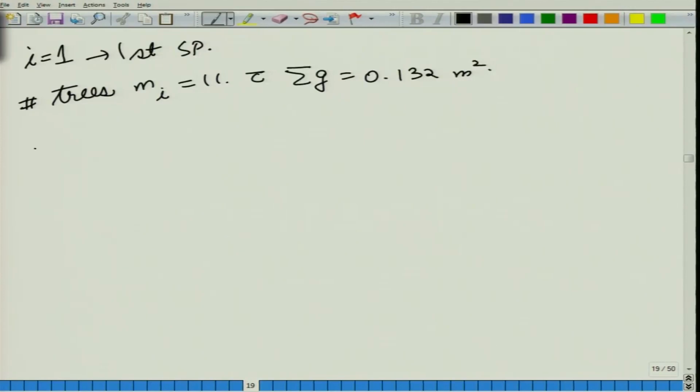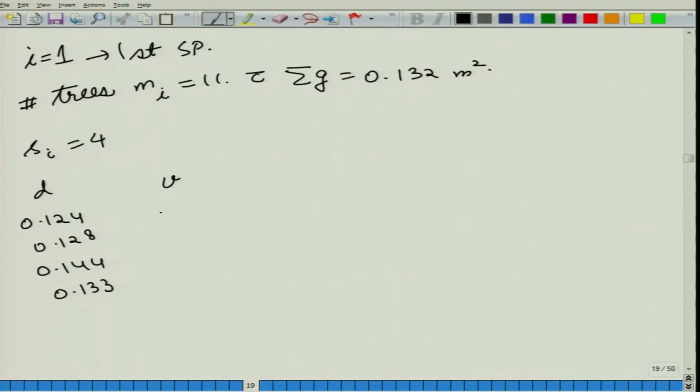Out of these you took 4 trees in your subsample plot. For those 4 trees you have the diameter and the volume values given: 0.124, 0.128, 0.144, 0.133, and the volumes are 0.15, 0.13, 0.16, 0.11. That is something that has been given to you. This is for each individual tree in the subsample plot.